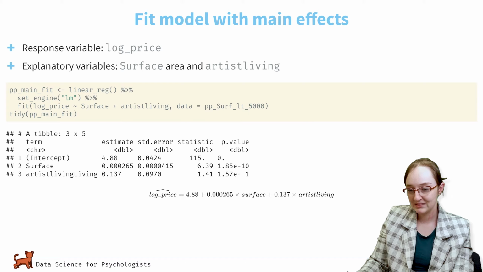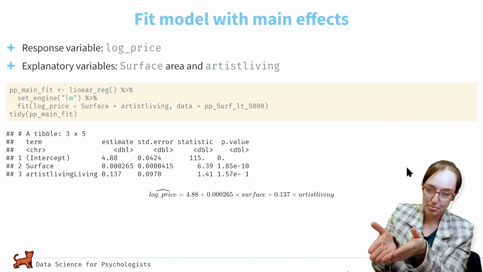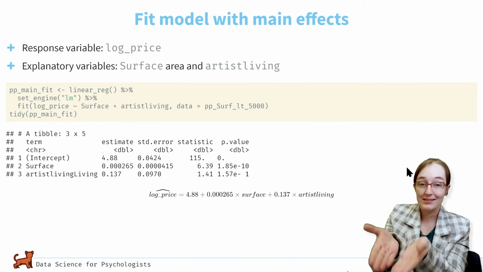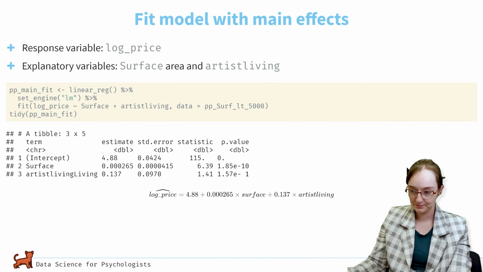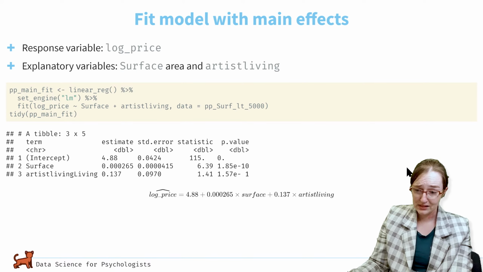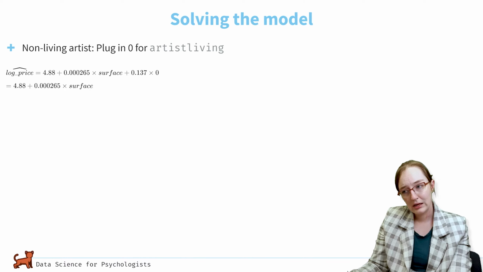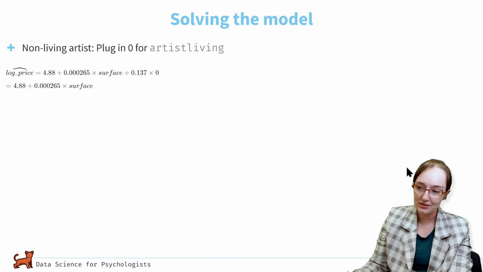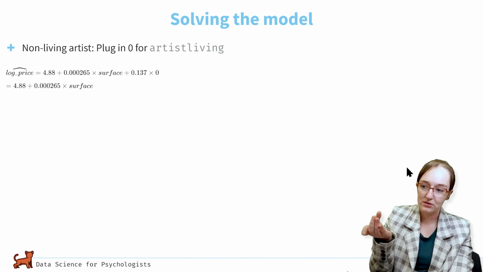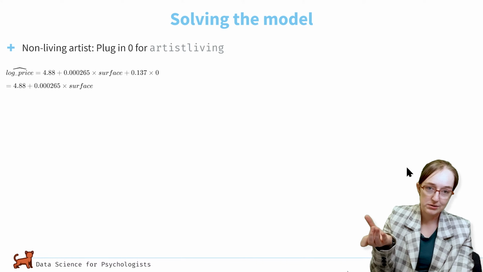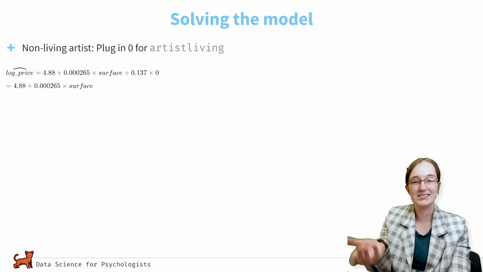Okay. Here is that equation translated. Surface area coefficient, not super helpful. But anyway, let's figure out what's happening. So we're going to plug in all our data, plug in 0 for dead artists, just so we can get a sense of what is happening.